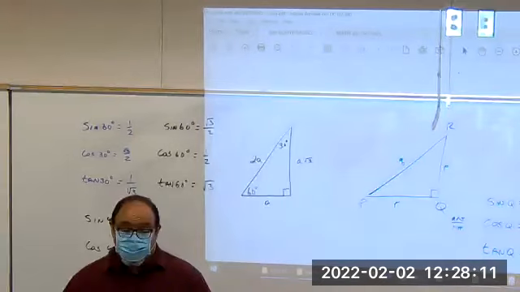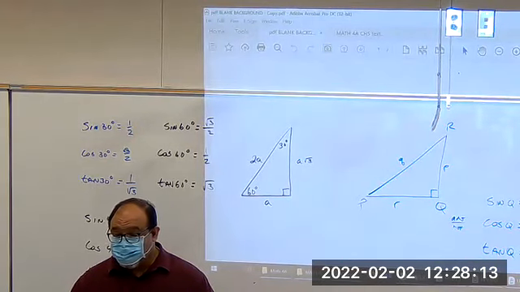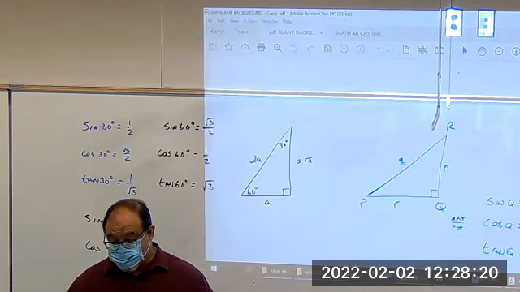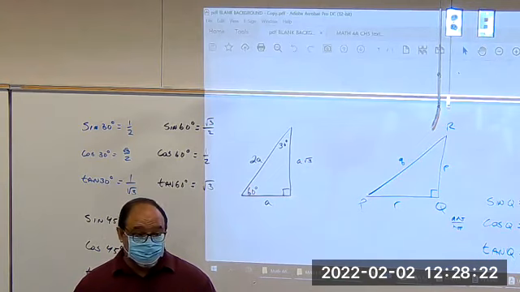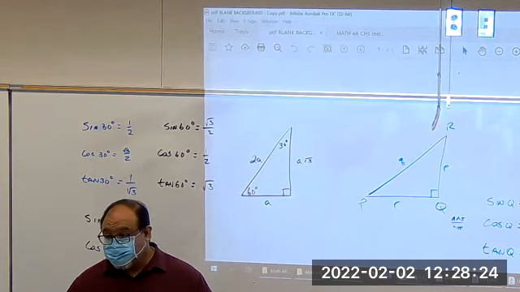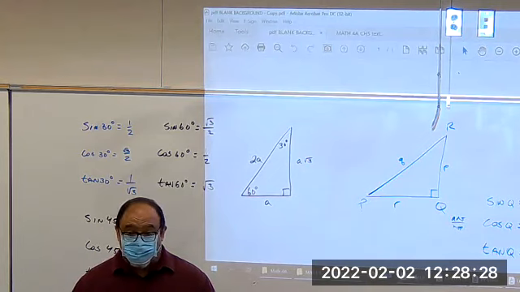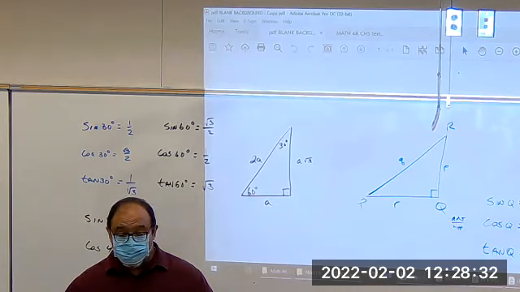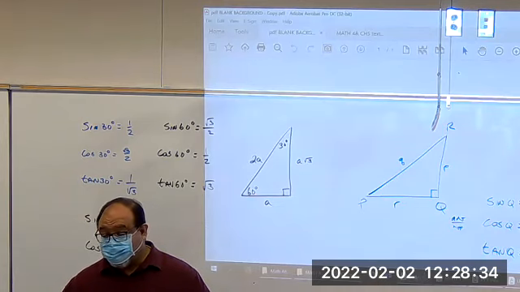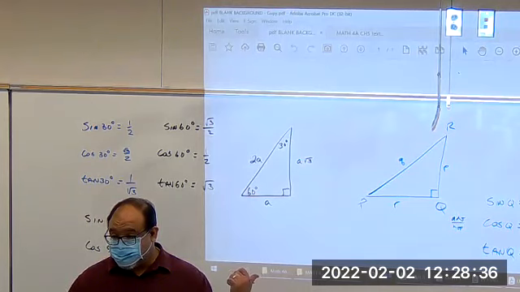opposite over adjacent, well, opposite is Q. But again, which one's your adjacent? Is it the P or is it the R? Because they're both adjacent technically to angle Q. So you can't decide, therefore you shouldn't decide, don't do it. We don't do sine, cosine, tangent of 90 degrees using triangles.